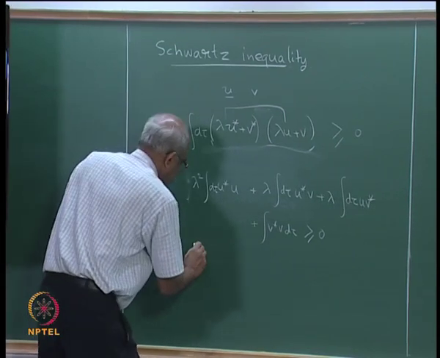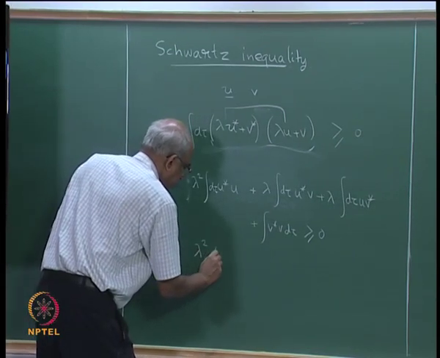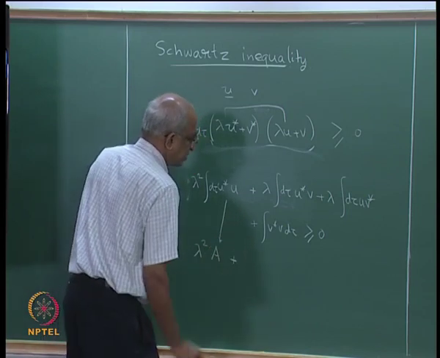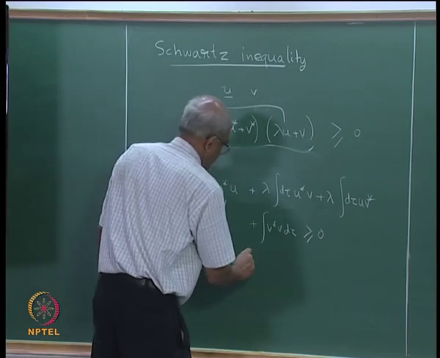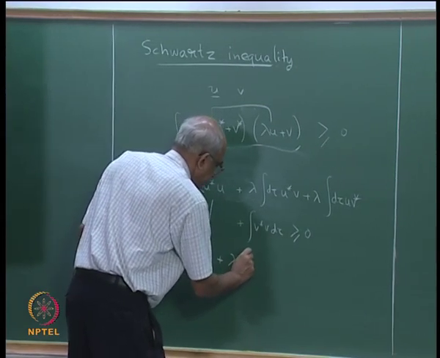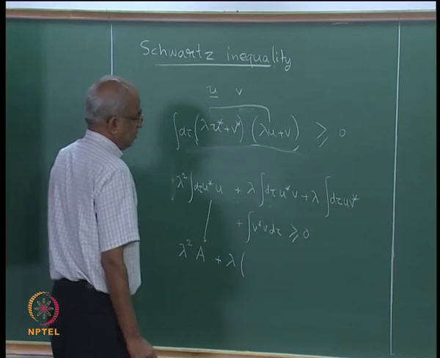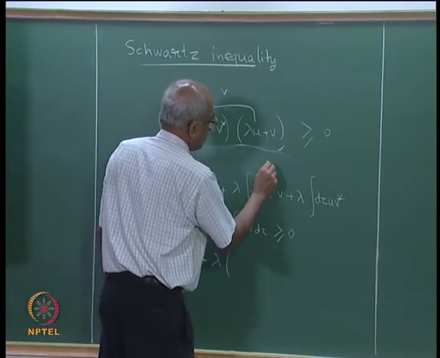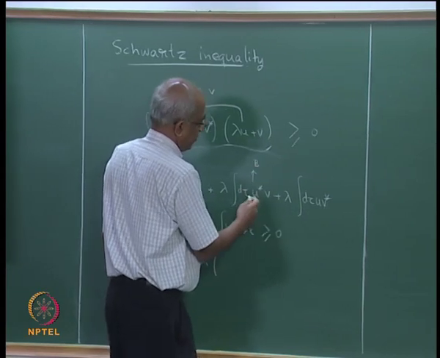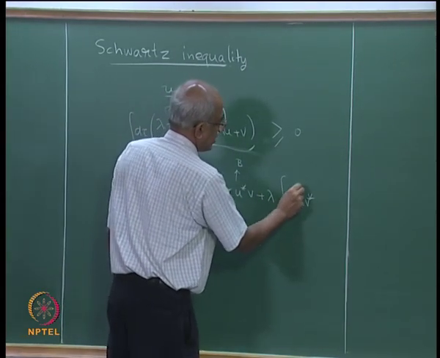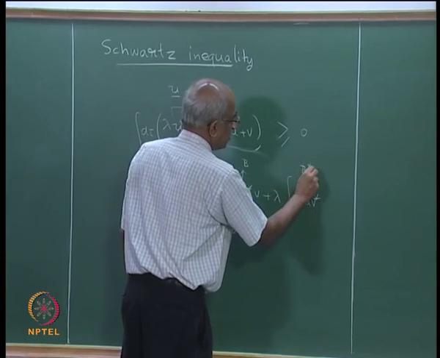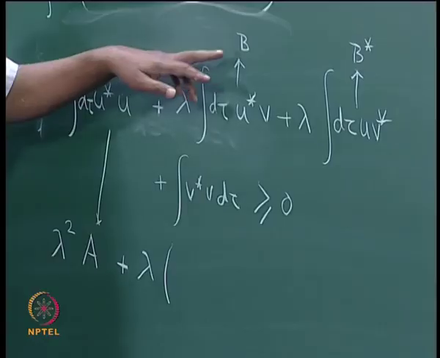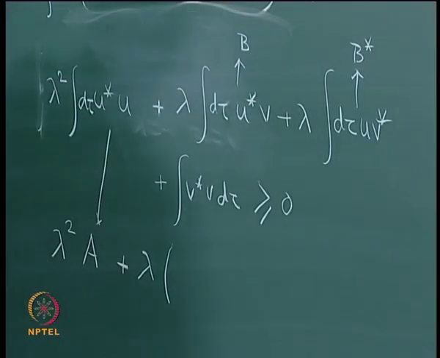And what I am going to do is I am going to say, okay, this is actually of the form lambda square into some capital A, where capital A is this, plus lambda times, well, let me call this capital B. Then if you look at this, you would realize that this is nothing but B star, the complex conjugate of B. This one and that one are complex conjugates. So, if I put this equal to B, that will be equal to B star.